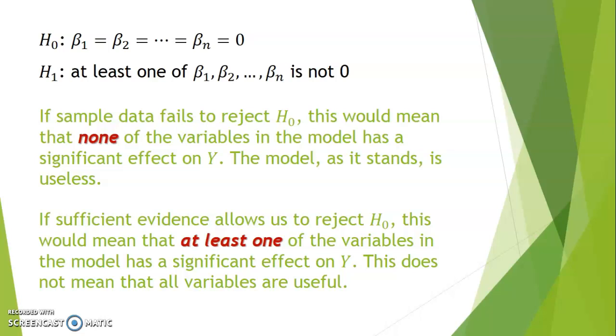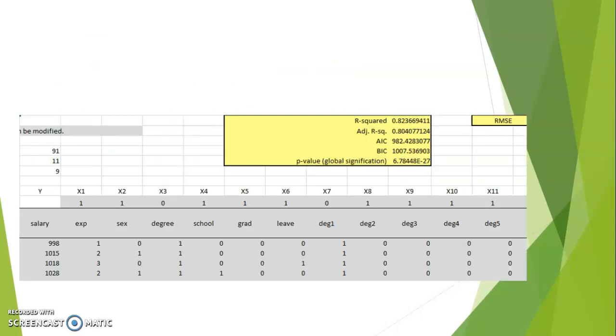If sample data fails to reject H0, this would mean that none of the variables in the model has any effect on y whatsoever. The model, as it is, is useless. If evidence allows you to reject H0, then there is at least one variable that significantly affects y. This does not mean that all variables are useful, however. Again, in the template, under the data worksheet, the p-value for the global significance test will be provided at the top of the page.